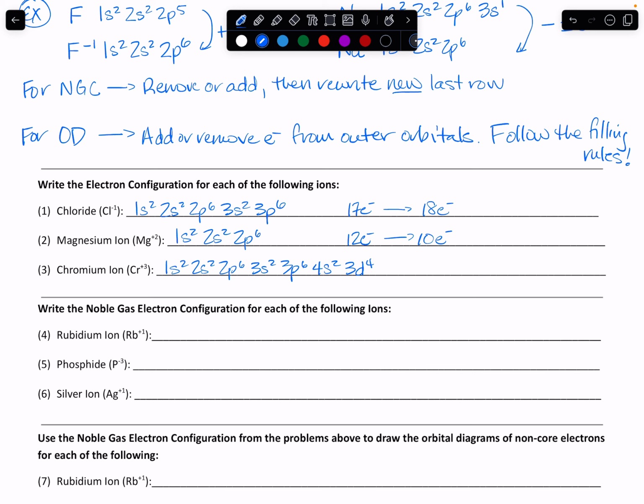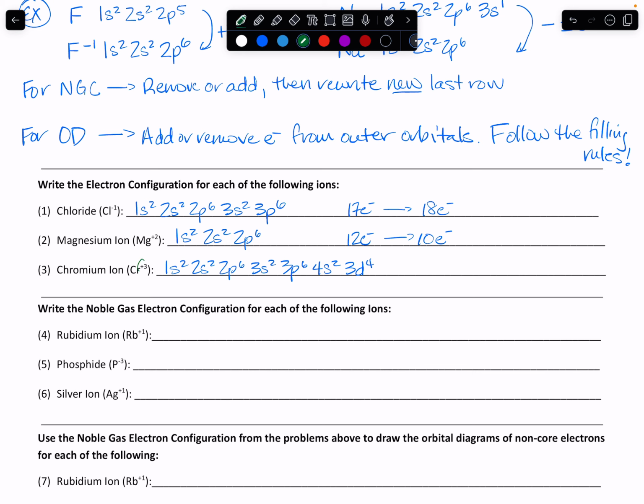The transition metals, as in many other areas of chemistry, are a little tricky. That 4s sublevel and that 3d sublevel are very similar in terms of energy. So what the transition metals will do is lose the s electrons first, and then any remaining electrons can be removed from their d sublevel.